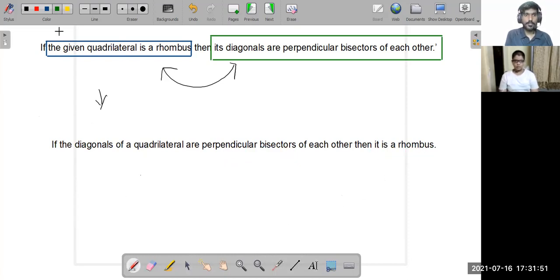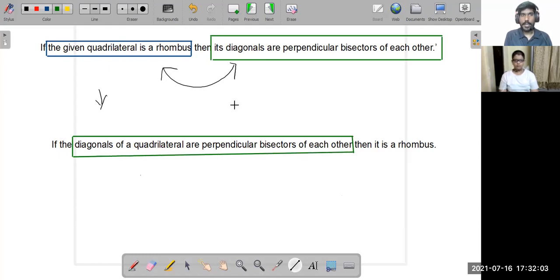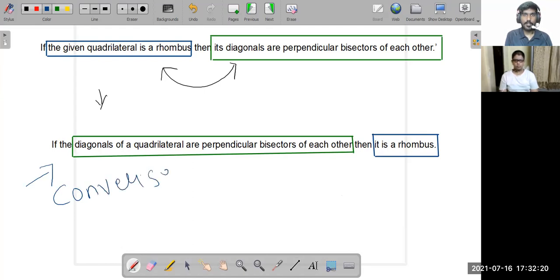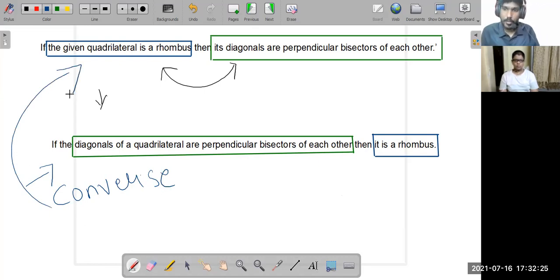So this is the new antecedent and this is your consequence. If you interchange, then the new statement that is formed is called the converse of the original statement. Did you understand what is converse?